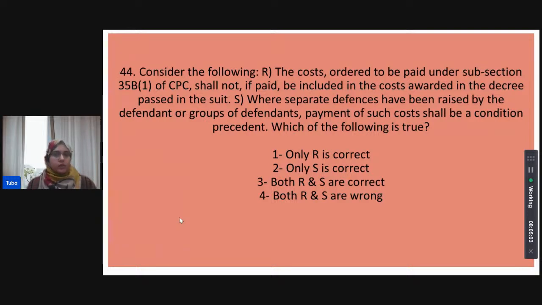So that is the amount that is paid already. It should not be included in the cost going forward in the decree. S: where separate defenses have been raised by the defendant or groups of defendants, payment of such costs shall be a condition precedent. Now, which of the following statements is true?